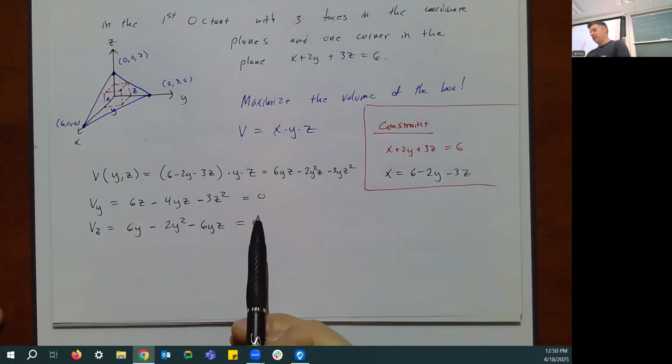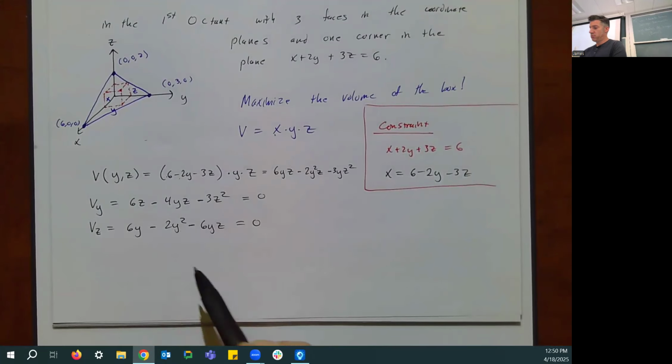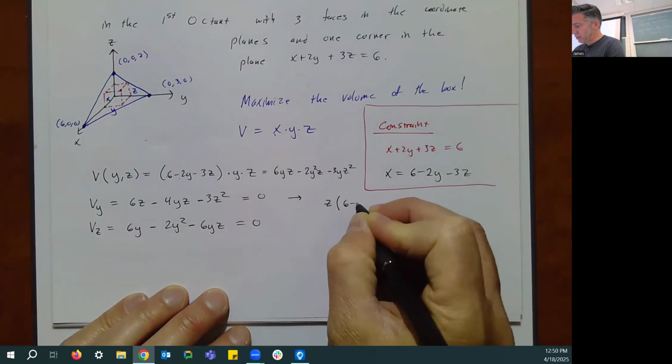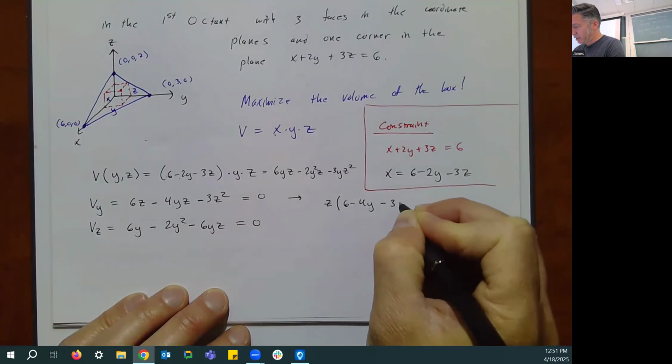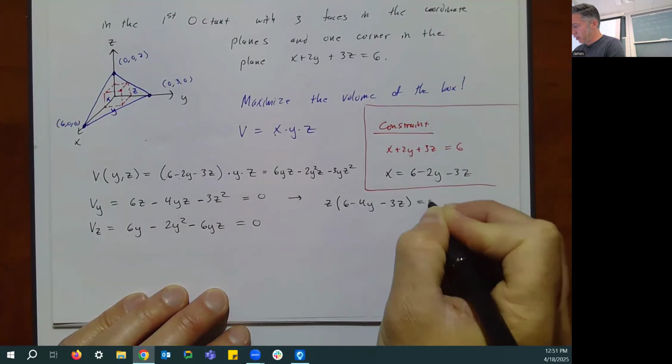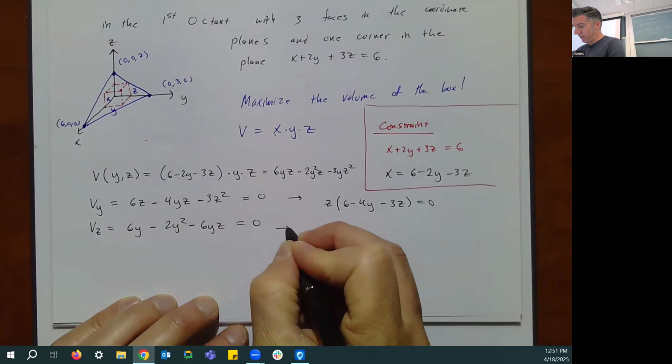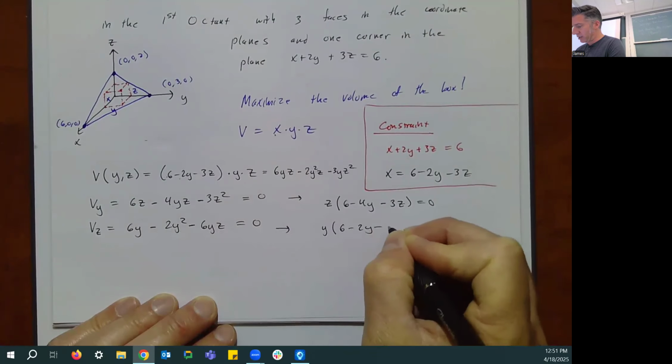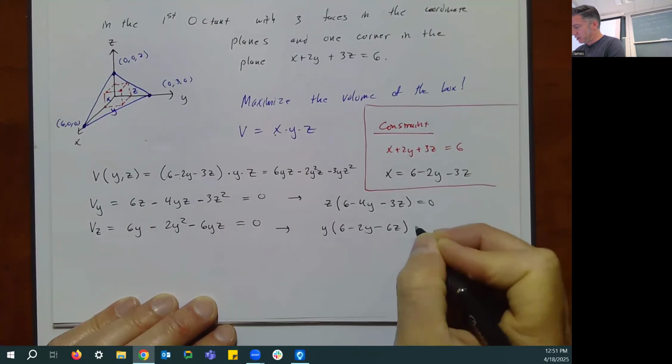I notice in this first equation and in the second equation, actually, that I can factor something out. In this first equation, I can factor out a z. So I can rewrite this as z times (6 minus 4y minus 3z) is equal to 0. Similarly, here, I could factor out a y and get y times (6 minus 2y minus 6z) equal to 0.